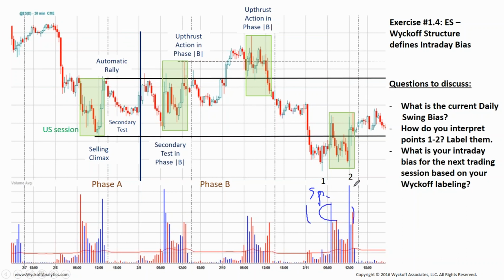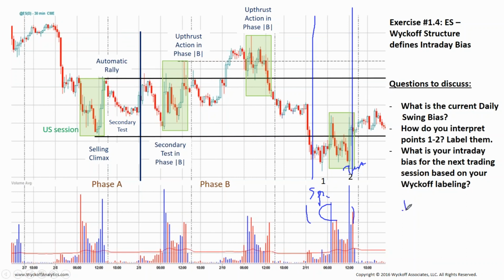Test of the spring. Okay, and if this is C, then what do we expect next day? Expect a large and quick move up, committing above resistance.